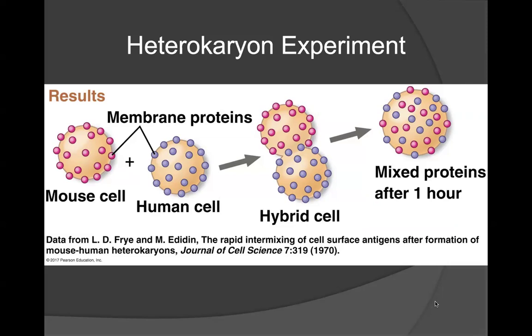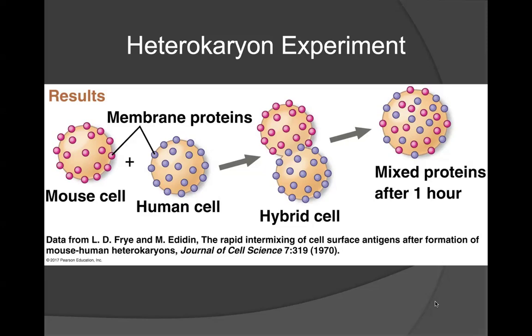Once these two cells were fused together to form a hybrid cell, or the heterokaryon, the movement of these proteins were tracked over time. After approximately 1 hour, these proteins were randomly distributed throughout the new cell. This is important in illustrating that these proteins must have been able to move throughout the cell membrane.